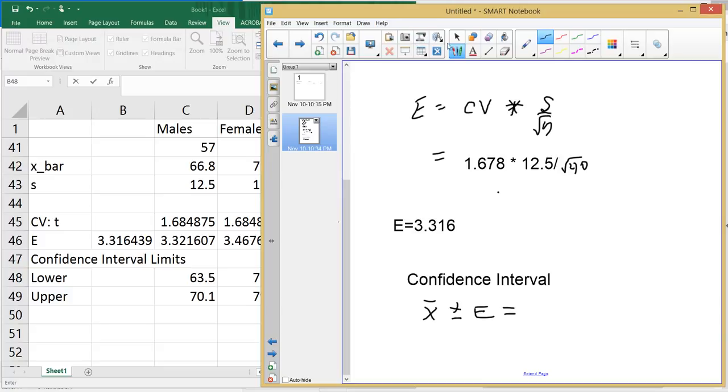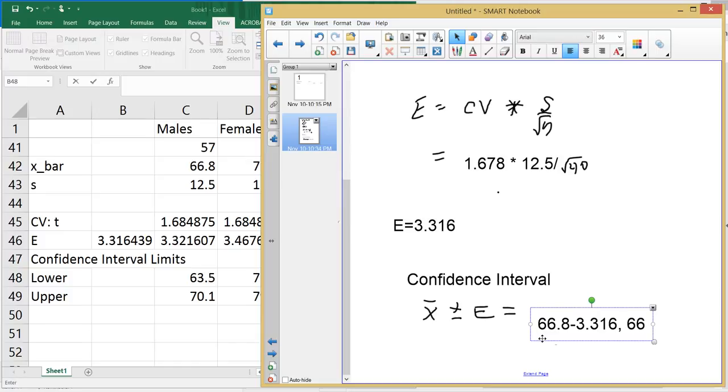Which is x bar is 66.8, 66.8 minus 3.316, and also the upper boundary is going to be 66.8 plus 3.316.